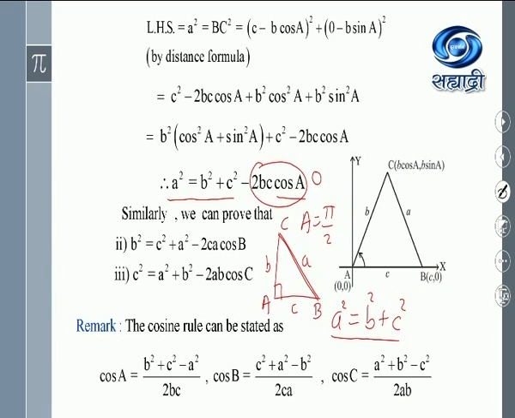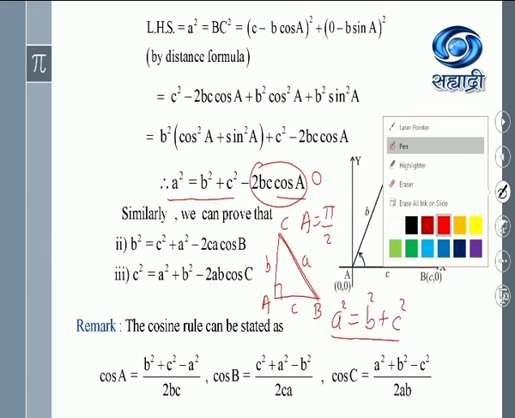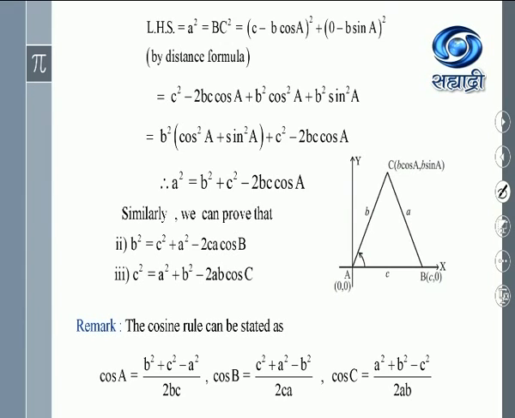So these small things we'll have to remember, which are very, very important. But remember one more thing: whenever you are writing the proofs of the sine rule, cosine rule and the projection rule, oblique triangles are chosen. Right angle is not chosen while writing the proof, because for the right angle we will get the special case, and for the oblique triangles you will get the general proof.